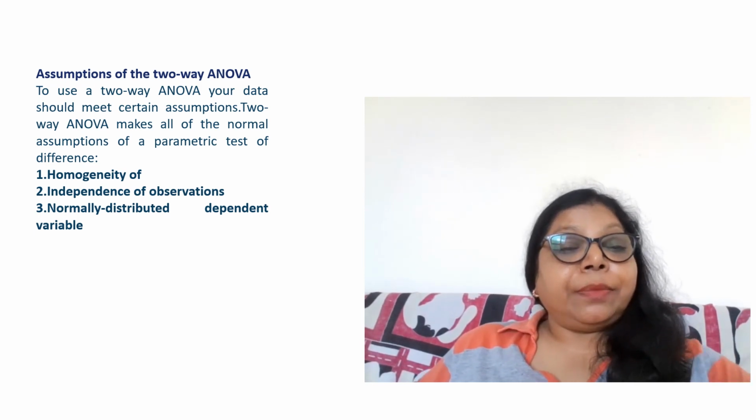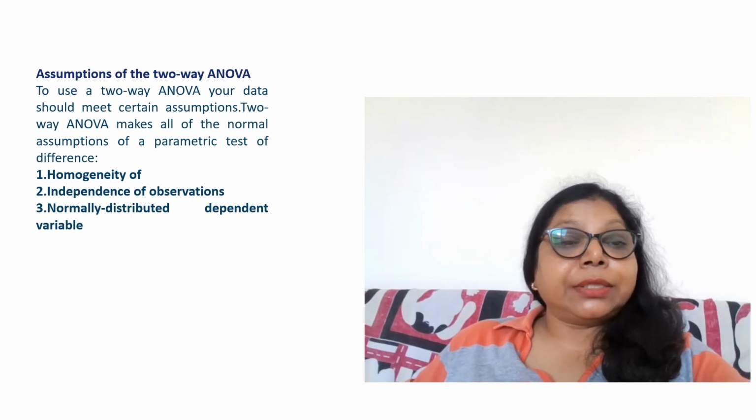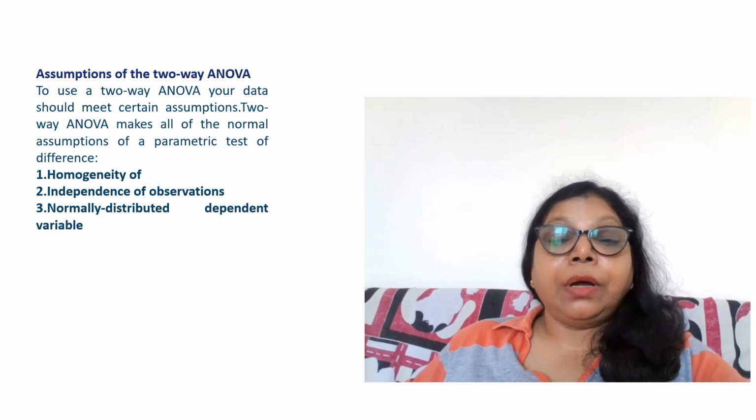Normally distributed dependent variable, this is the third assumption. So we take it into account that values of the dependent variable should follow a bell curve shape. That means they should be normally distributed. And if our data doesn't meet this assumption, then we cannot carry out this test.